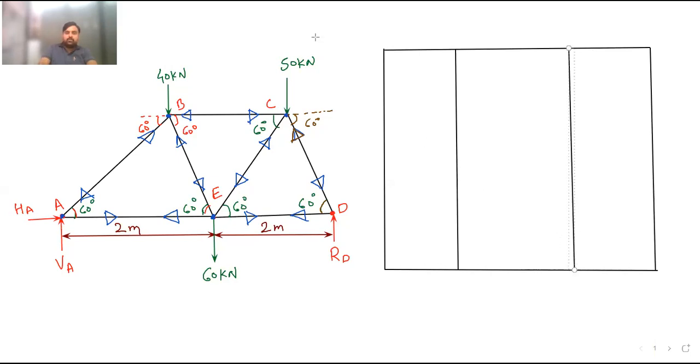So the heading of the first column is member. Second column, force. So here in this case it is in kilonewton. And third column, nature of force. Okay.